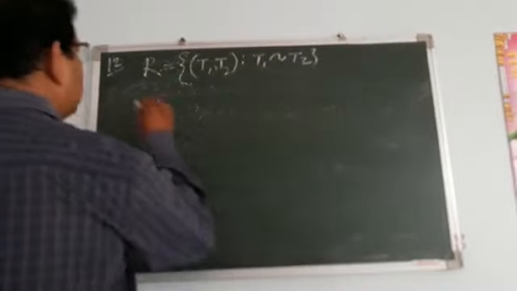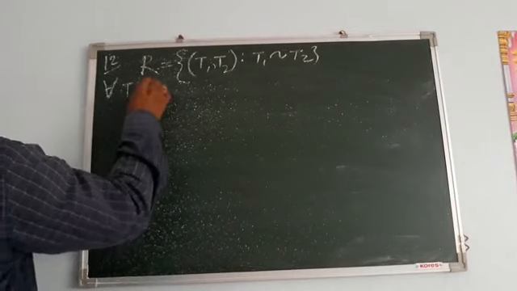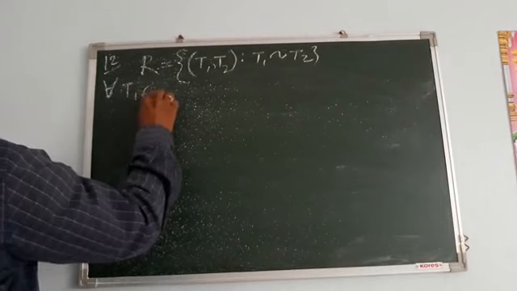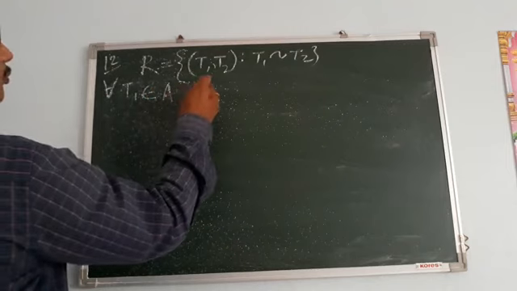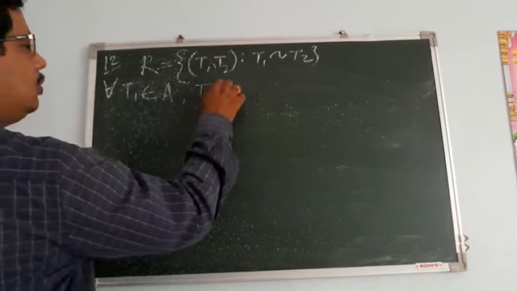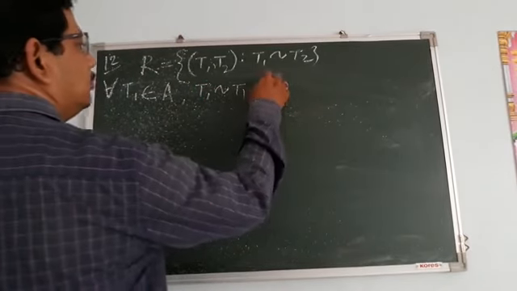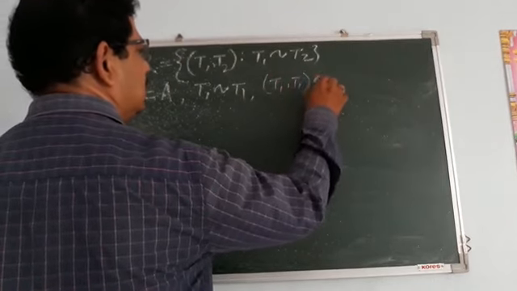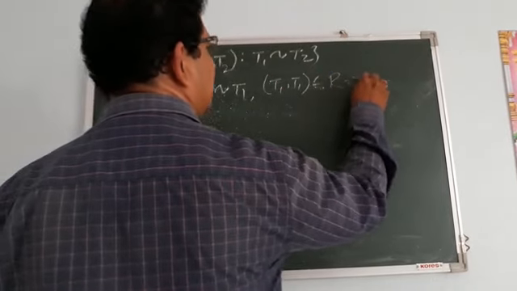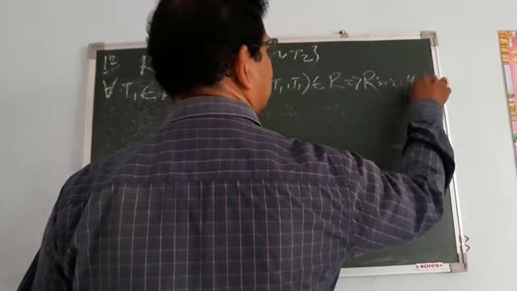For any T1 belongs to A, T1 is similar with T1. One triangle is similar with itself. Therefore (T1, T1) belongs to R implies R is reflexive.